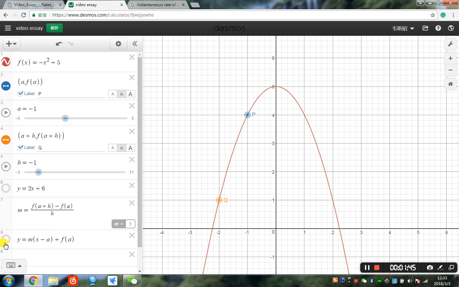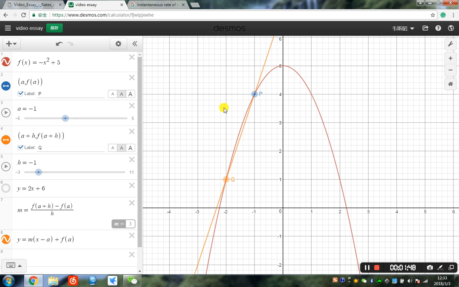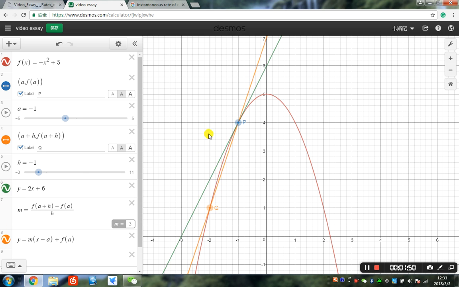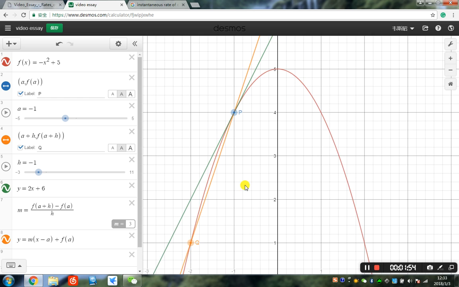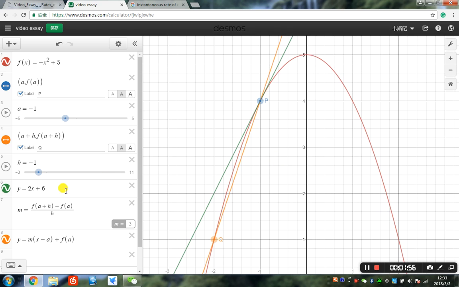see. Here is the secant of these 2 points, and here is the tangent at point P. Let's make it bigger. If we change the h value, if we make h approach 0, we can see point P and point Q getting closer.